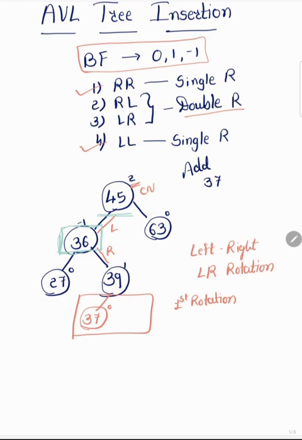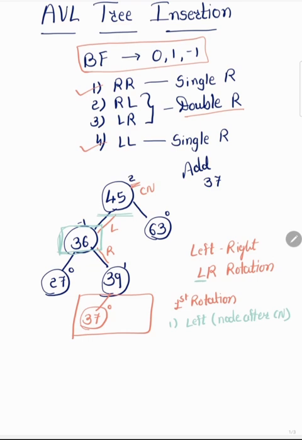So the node after the critical node, I'll rotate it towards left, but not the critical node. I'll rotate it towards the left because this is my LR rotation. So the first rotation should be left.